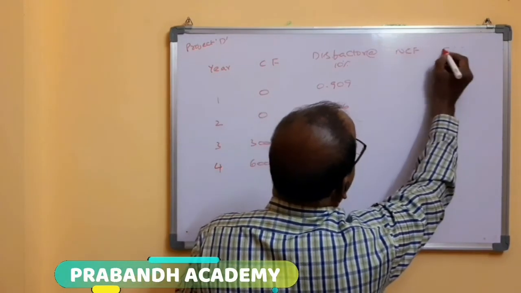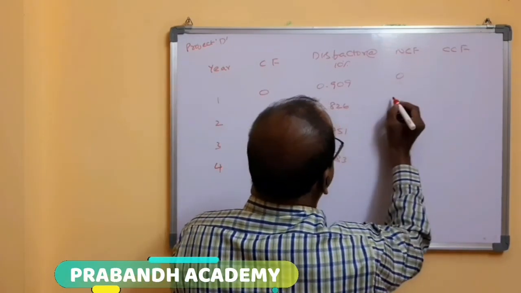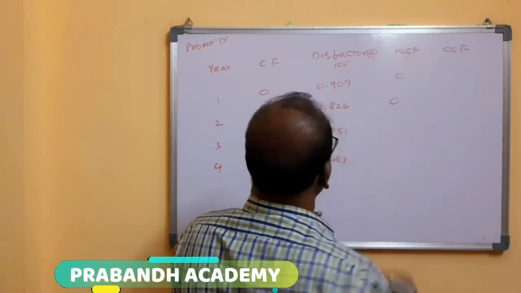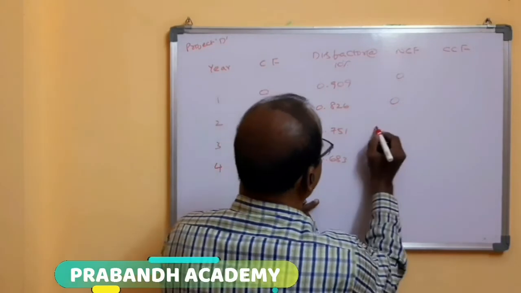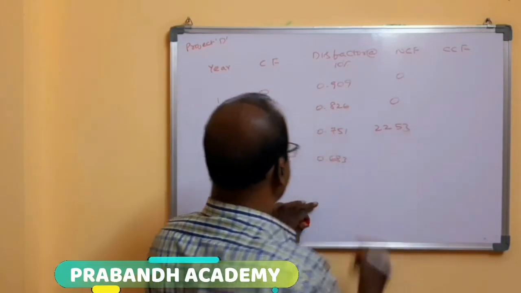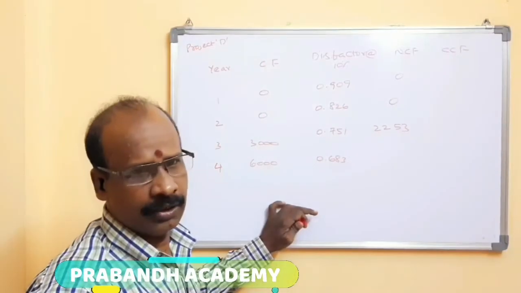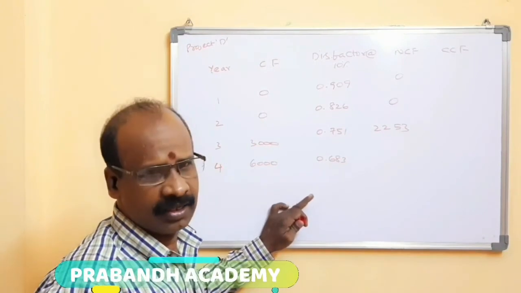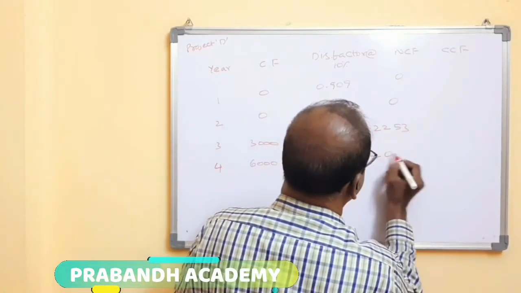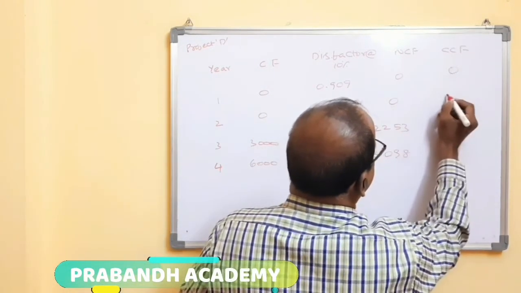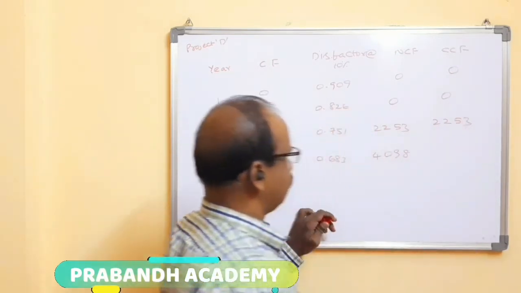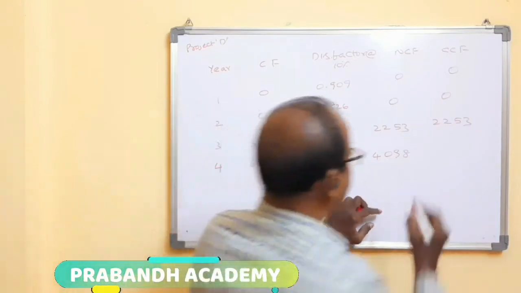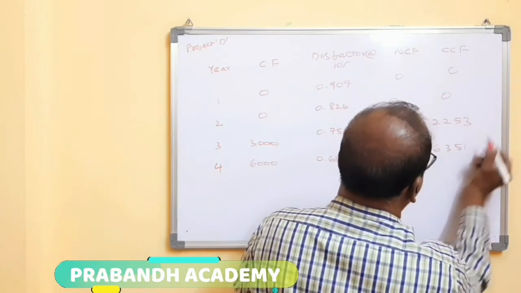Net cash flows and the cumulative cash flows. Net cash flows are 0 and 0. 3,000 into 0.751, we get 2,253. And fourth year, 6,000 into 0.683, we get 4,098. Cumulative cash flow 0, 0, 2,253 plus 4,098, we get 6,351.